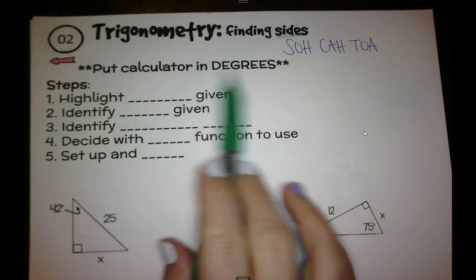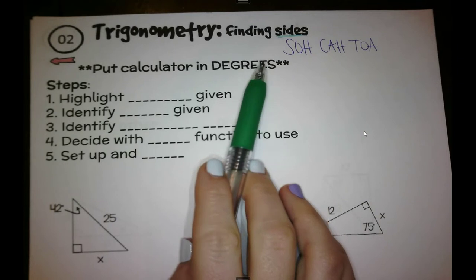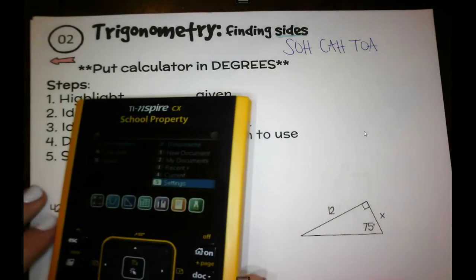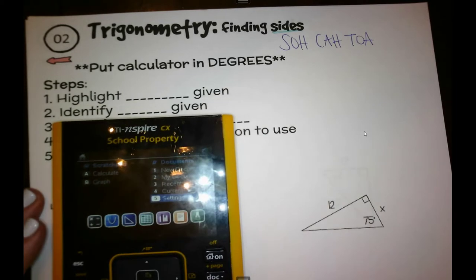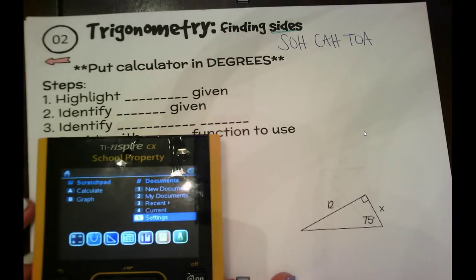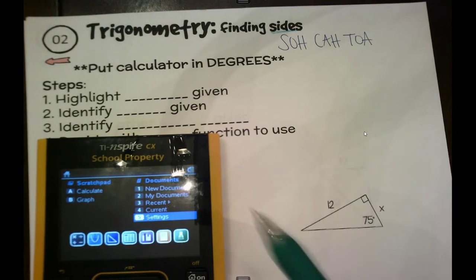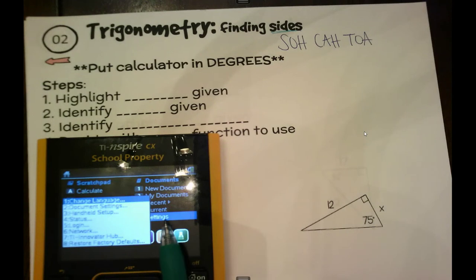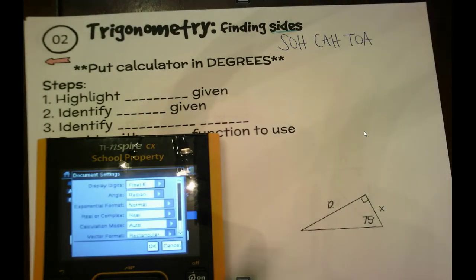And note here, we want to make sure that your calculator is in degrees. So if you are using the school calculator, you want to go to the home screen, go to settings, which is number 5, go to document settings, and you see this angle here.